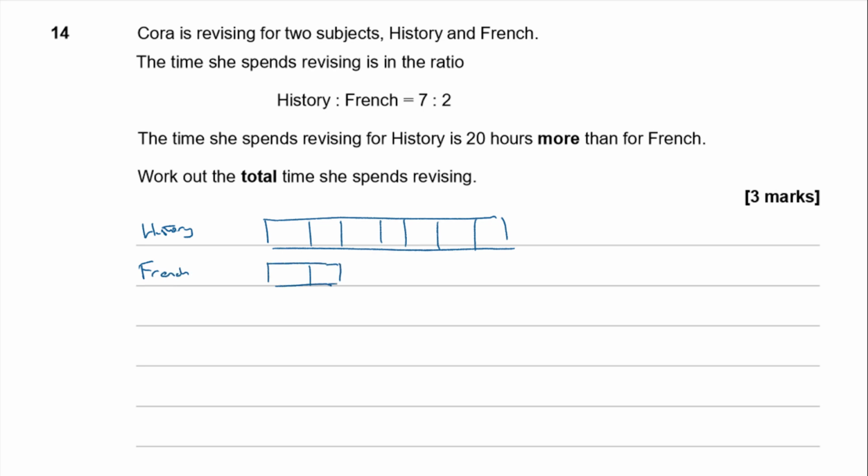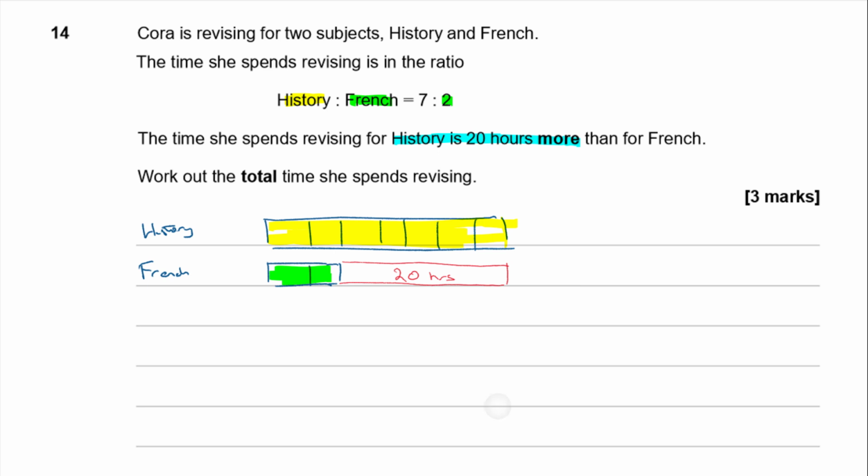Okay, so history has 5 parts more here, look, and French is those 2 parts there. And we know that she spent 20 hours more revising for history. So that difference between the 2 bars then, this extra bit on the end here, that has to be 20 hours then, isn't it? So that's 20 hours.